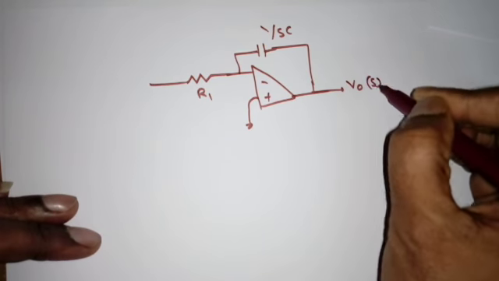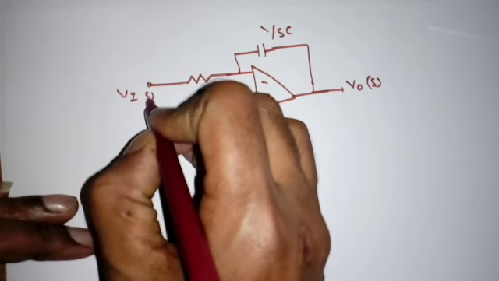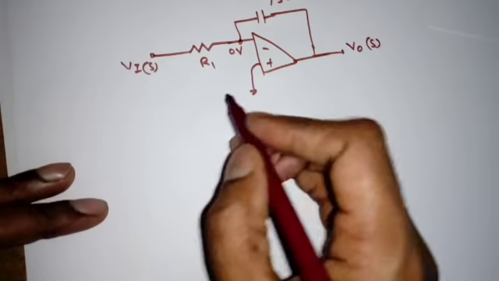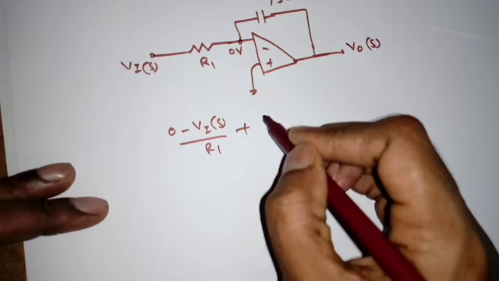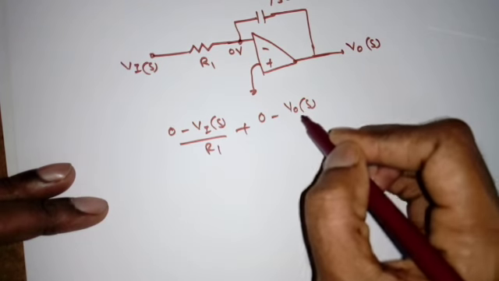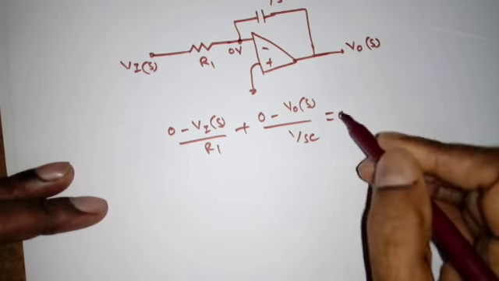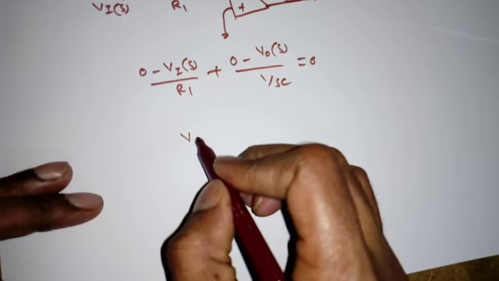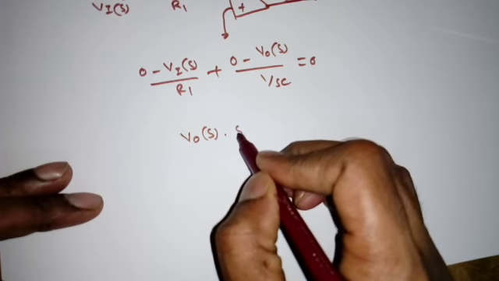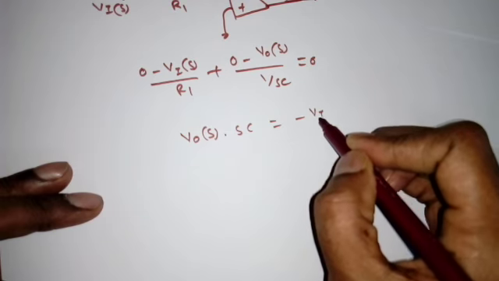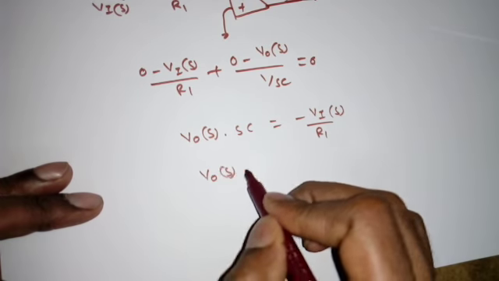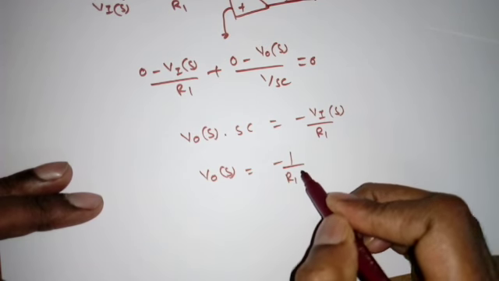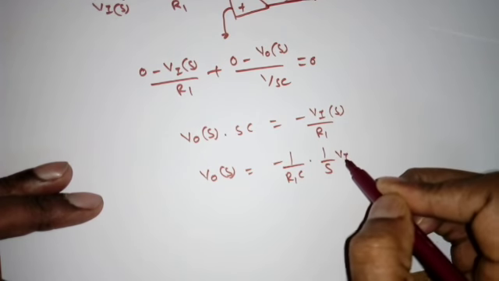This is V0 of S, this is Vi of S. So again virtual ground concept, 0 minus Vi of S by R1 plus 0 minus V0 of S by 1 by SC equal to 0. So what we required? V0 of S into SC is equal to minus Vi by R1. So what is V0 of S? Minus 1 by R1 into C into 1 by S Vi of S.